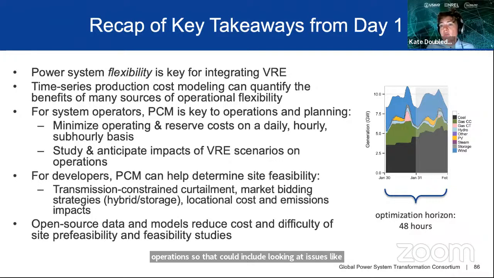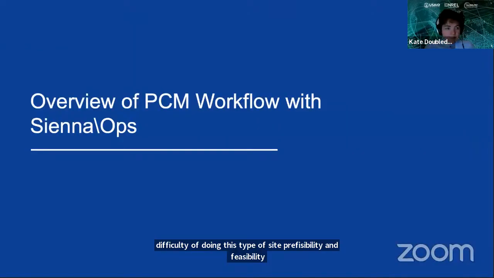It could also be used to compare different operational or market bidding strategies, which is particularly useful if storage is involved, or potentially if a VRE plant is bidding into multiple markets like ancillary service as well as energy markets. And our hope is that these open source data and tools can reduce the cost and difficulty of doing this type of site pre-feasibility and feasibility study. So those were the main takeaways from yesterday.